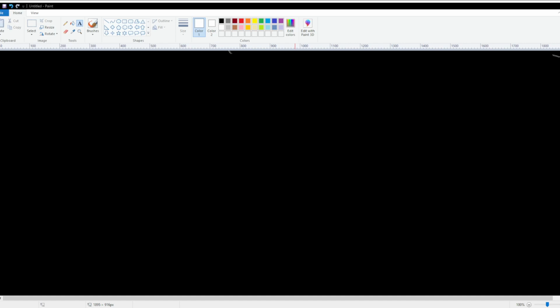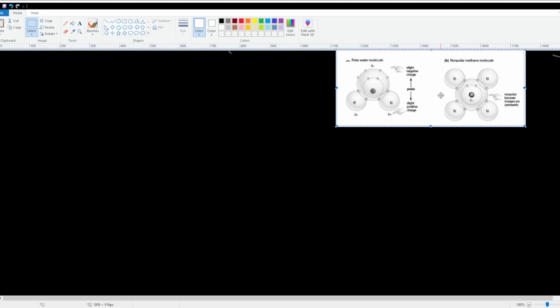For this example, I'm going to have to pull up an image real quick. Just bear with me one moment. Okay, I actually need to pull up two images, so one more quick second.